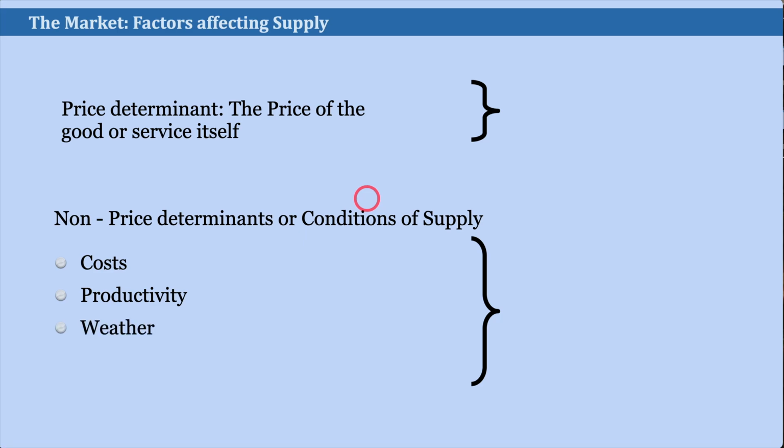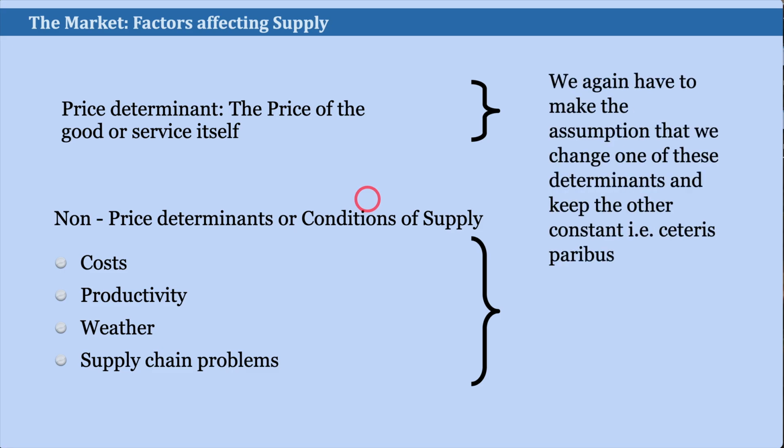Okay, the weather, a big one in a lot of case studies, where you see that there's been typhoons or there's been a really good harvest, okay, and supply chains, and that's a really big one at the moment in the world economy. So it's worth having a look at supply chains and how difficult it is to actually get raw materials in, for example, so therefore they can't produce as much.